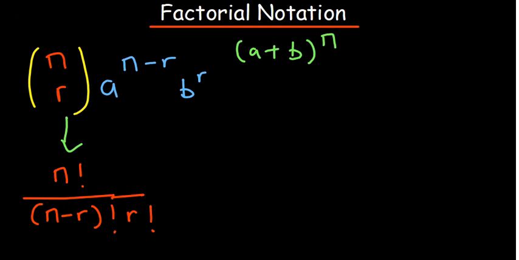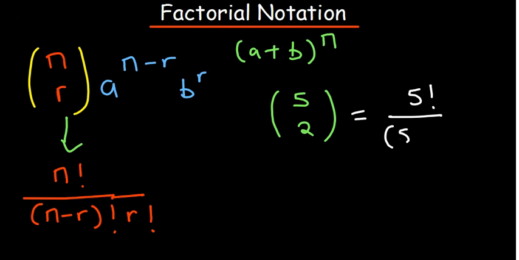Okay, so if you've not gotten it, don't worry. What if we say, I'll use an example 5 and 2. Would you give it a try? What you need to expect there is, that is the same as 5 factorial over the difference between 5 and 2 factorial, and then 2 factorial.